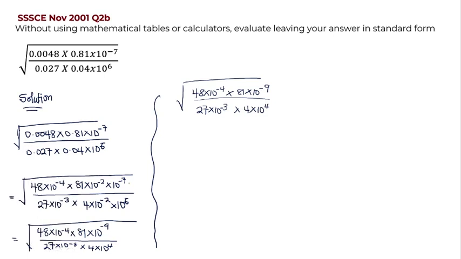If we look through the equation that we have, we realize that some numbers can cancel each other. For instance, 27 will go into itself once, and it will go into 81 3 times. The same way, 4 will go into itself once, and then it will go into 48 12 times.